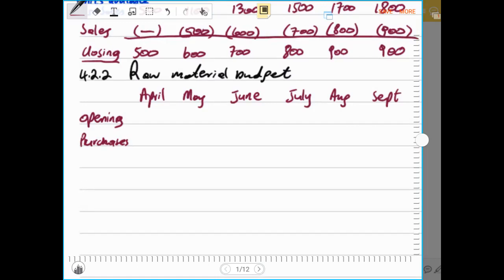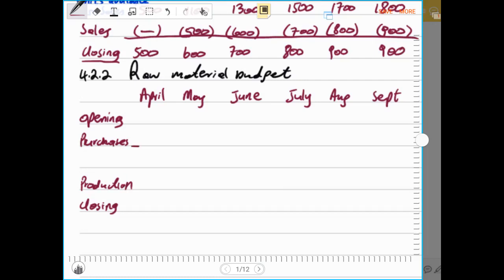Then we will have the next point, and the next point will be production, where we take material and send it to the production department. Then from production we will have closing inventory. Then after closing inventory, this budget will be done.